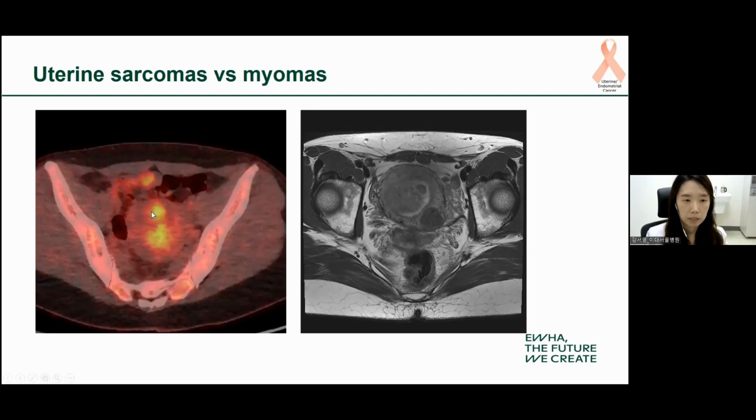The small lesion's SUVmax was 5.1, and the larger lesion's SUVmax was 7.